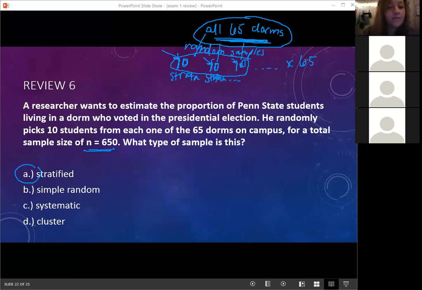But if it was cluster sampling, you would divide it into groups that are already heterogeneous, so you wouldn't have to take these random samples. You would just take them all, since the groups would already be different from one another. Then you would take a simple random sample from all of them together. So I could basically take a random sample from all 65 dorms and break that into clusters, instead of going through and taking 10 random from each different dorm and then taking all of those 10 times 65 together.